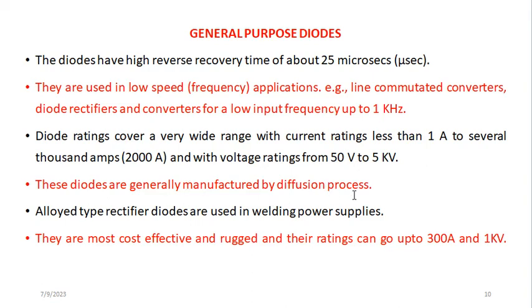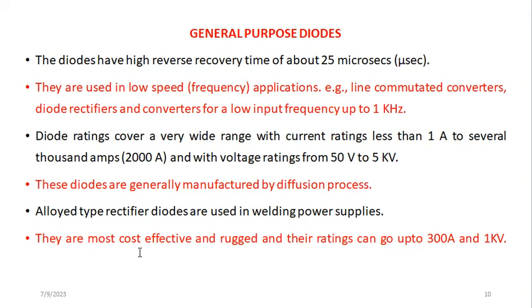I mentioned three processes of manufacturing the diode: either the alloying method, the diffusion method, or the epitaxial growth method. So this one is done using the diffusion method. But when you want a diode for welding power supplies, where we require a very large amount of current, instead of using the diffusion method, we use the alloying method, which is stronger.